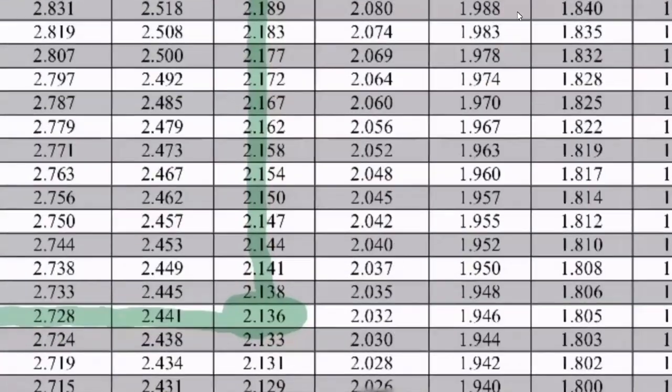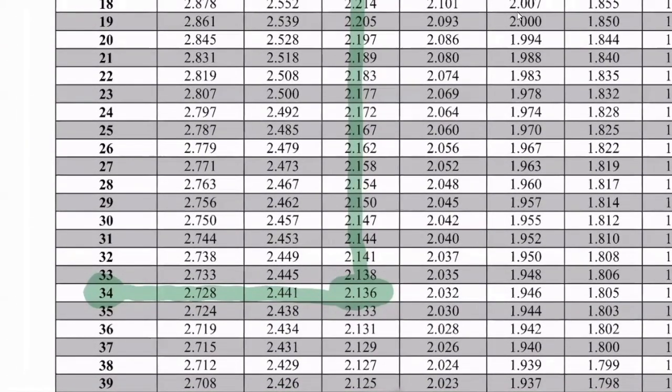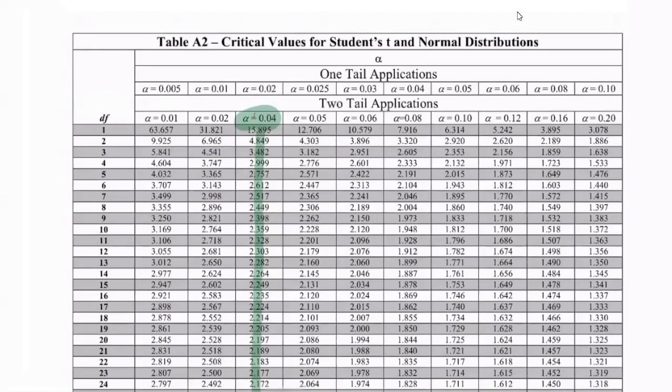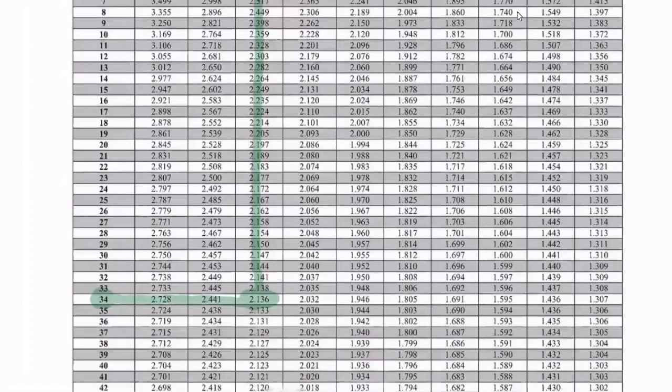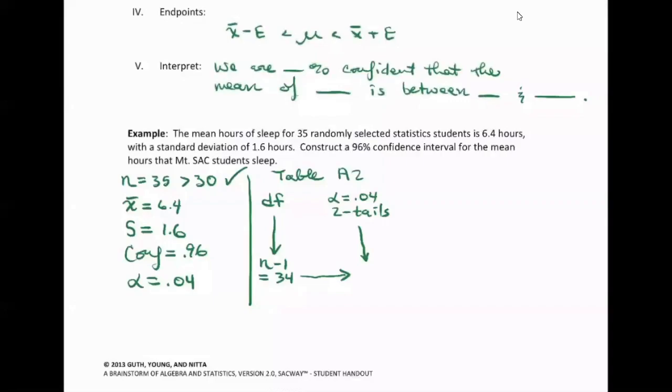I'll double check it, but that's a 2.136. And again, 0.04, 2 tail, 2.136. Good job. That's just straight from the table, straight look up: 2.136.